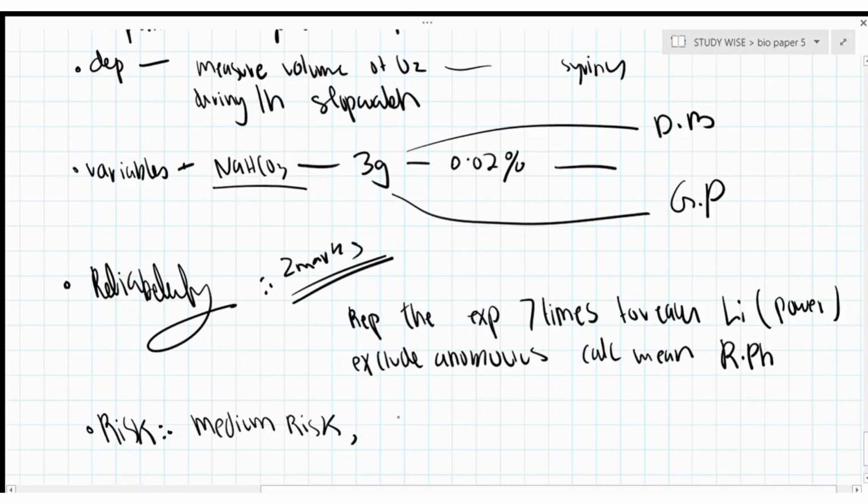And then, what is the risk? NaHCO3 is an irritant, it irritates the skin. And then you say how we're going to prevent this risk. For example, wear gloves. If you're going to cut something, use a cutting board and avoid cutting yourself. It's a medium risk, and so on.